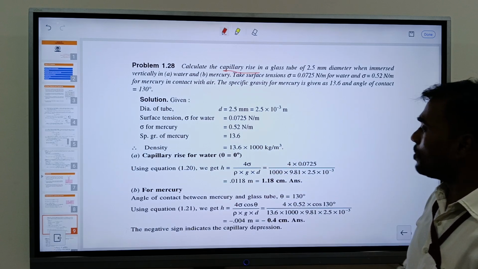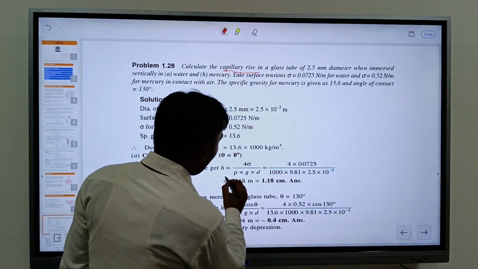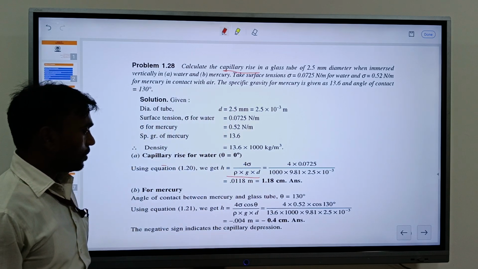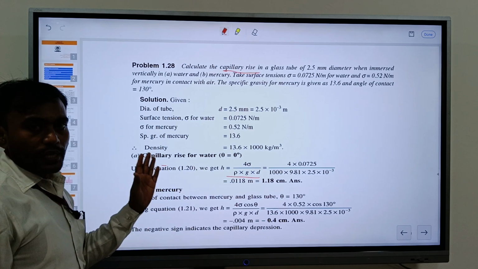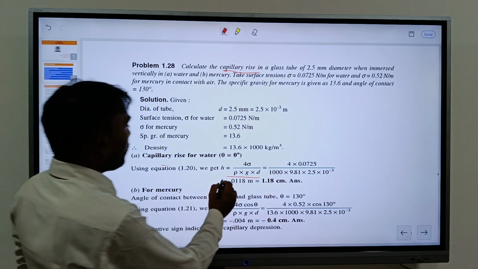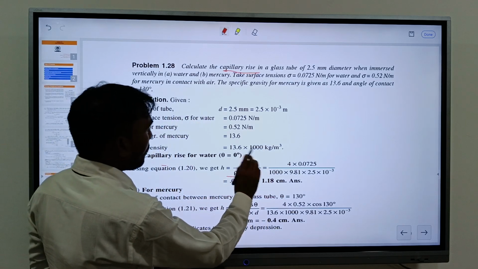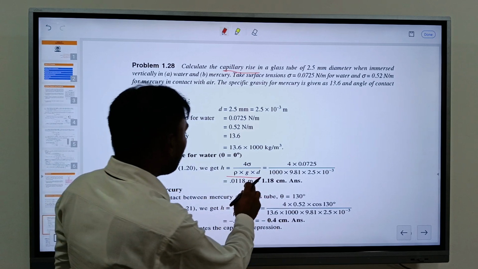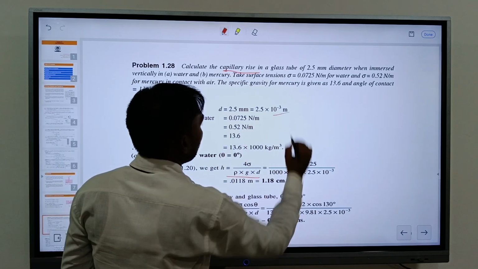Okay, let us use the formula, that is the capillary rise for water. So h can be written as 4 sigma divided by rho g d. Okay, and in case of glass and water, angle of contact theta will be 0. So in this equation, all the values are given: sigma is given, density is calculated here, g has the standard value, and the diameter of the capillary tube is already given.